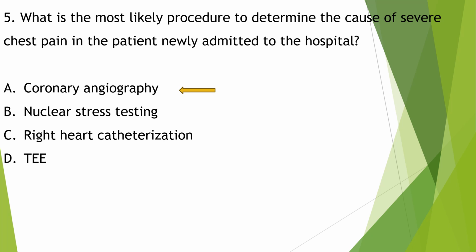Right heart catheterization evaluates cardiac filling pressures, cardiac output, and valvular function. TEE, that is transesophageal echo, evaluates the posterior aspect of the heart and the presence of clots. So here coronary angiography can be done as the procedure.